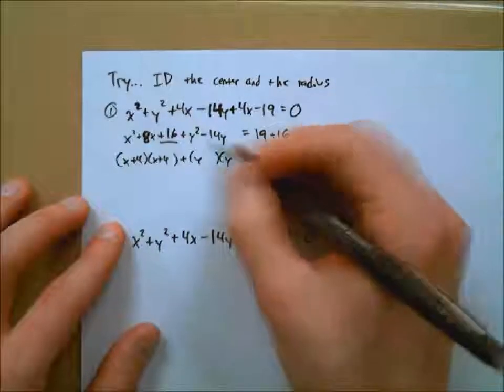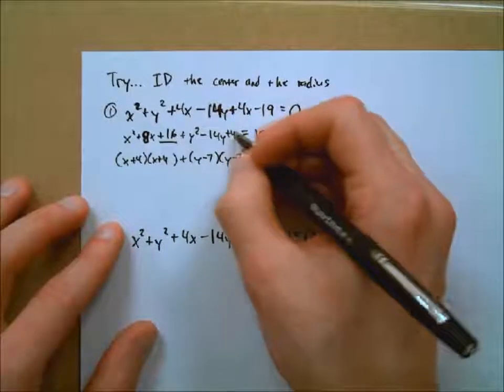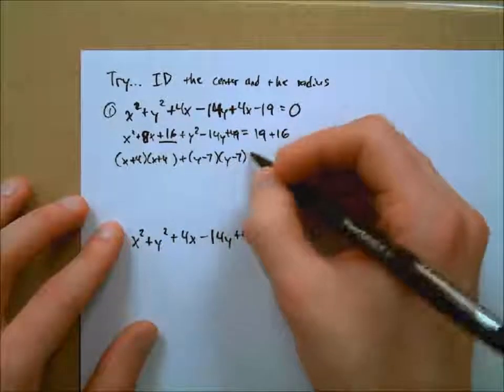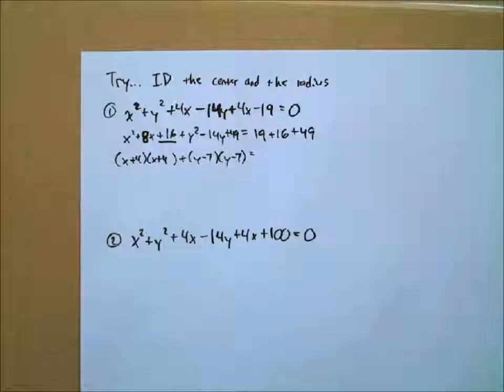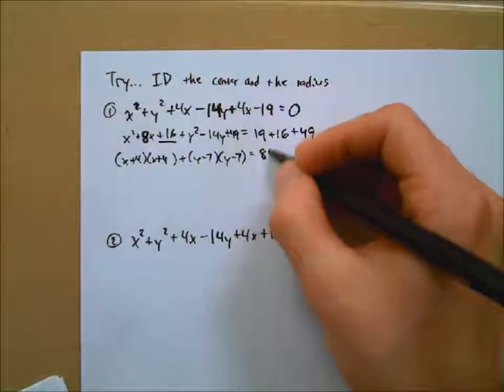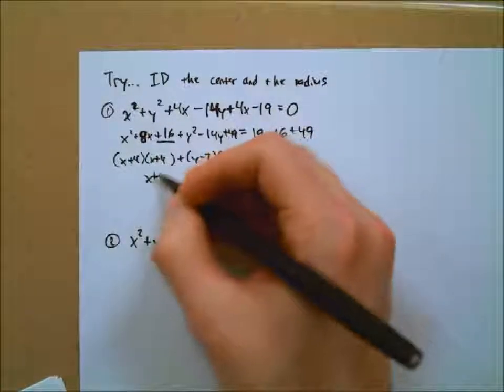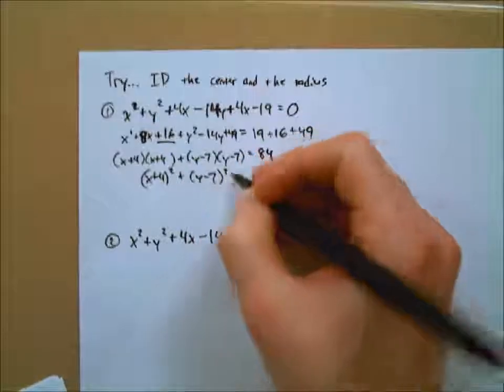And then here we're going to put in a minus 7, and so that's plus 49. Squeeze that in there. I'm going to add 49 over here as well. And so we end up with 84 there. And so we get x plus 4 squared plus y minus 7 squared equals 84.